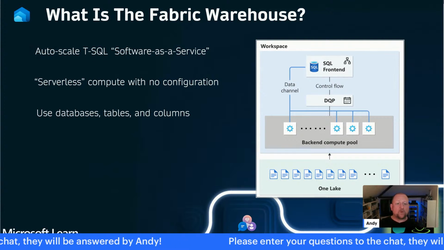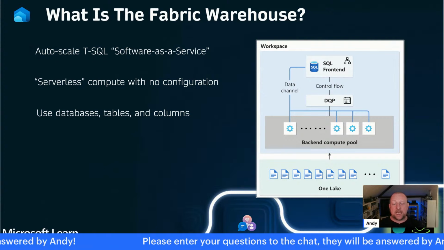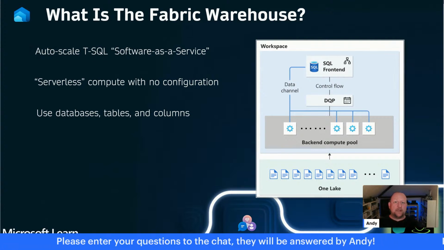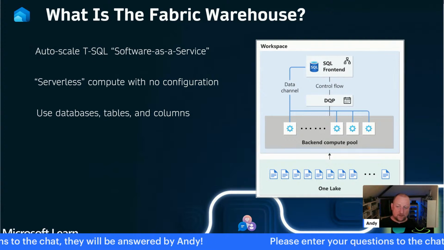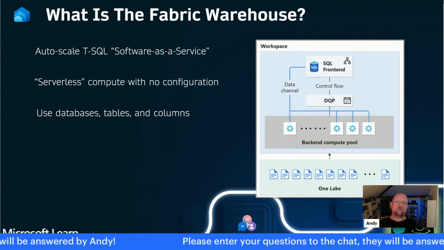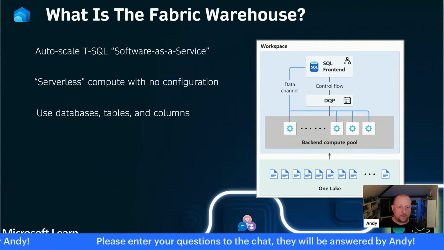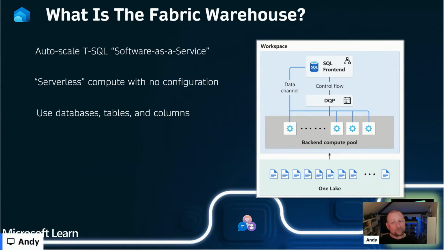And that could be one or many compute pools in the back end to actually complete that query in a certain amount of time. And that could scale out. And then another query could come in. It could reuse some of that back end compute pools and then return the results set if appropriate.